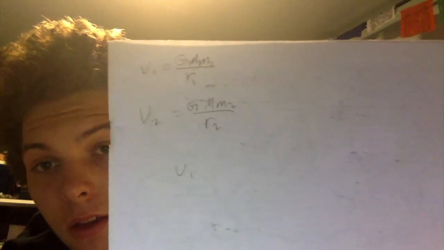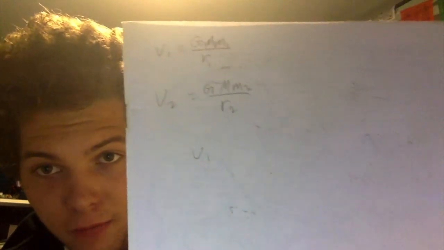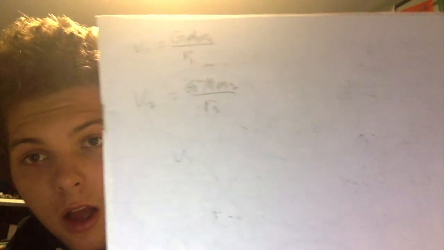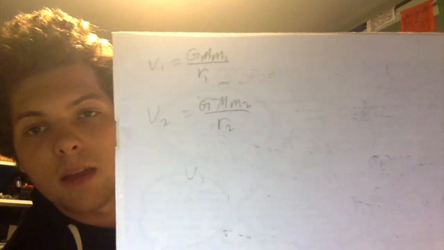I'll show you what I just did there. I have the potential energy of the first mass, which is G times the mass of the center object, so big M with no subscript, times the mass of the little object, M1.